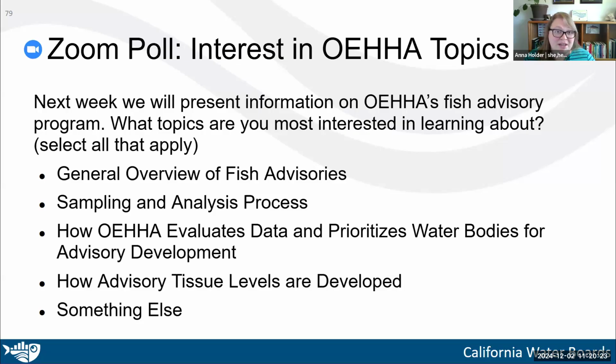That is specific to the PFAS conversation. Jay mentioned that California doesn't have thresholds yet. OEHA is in the process of developing advisory tissue levels, and they're going to talk about what they're thinking about to do that. And then anything else, if you hit something else, please share in the chat what it is so I can pass it along.